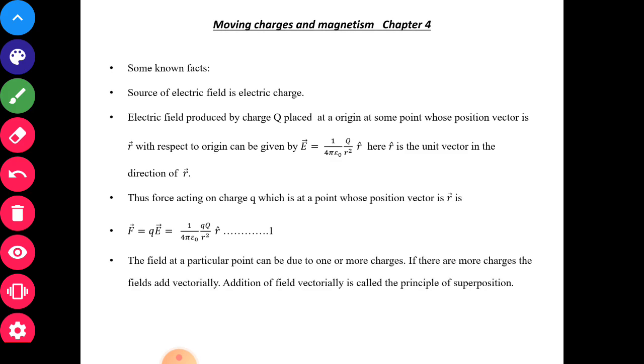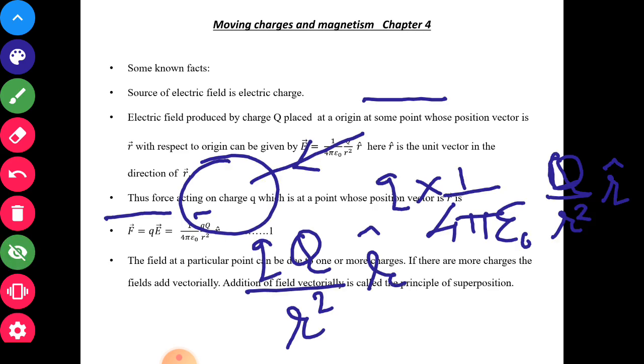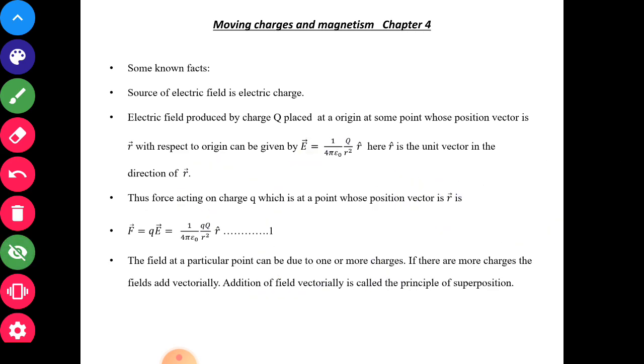Now the field at a particular point can be due to one or more charges. What I showed you was the electric field because of the charge on the origin of the Cartesian coordinate system, which is considered to be the source charge. If there are more charges, the fields are added vectorially.